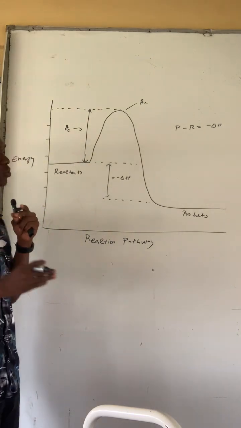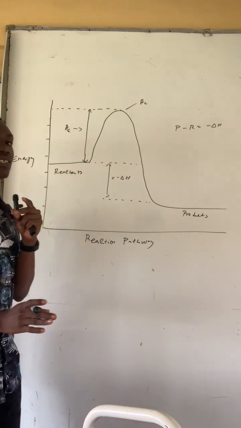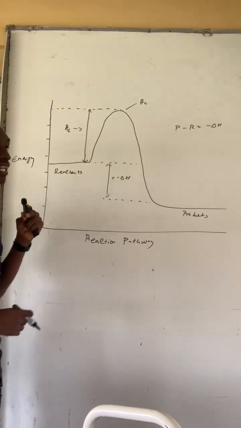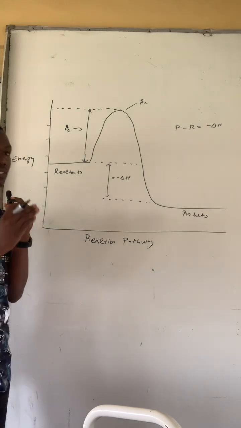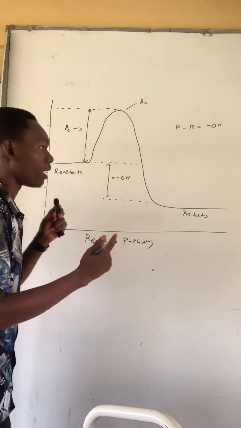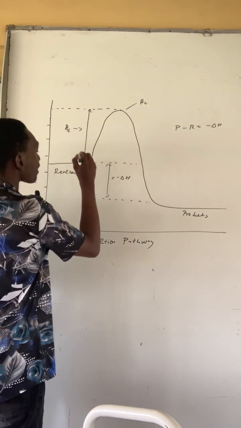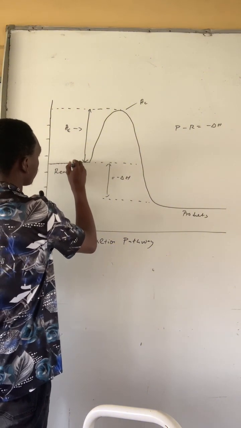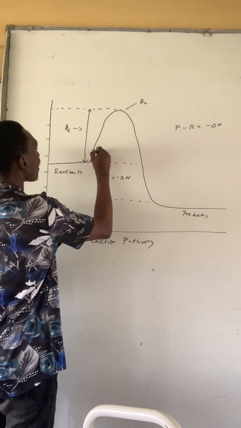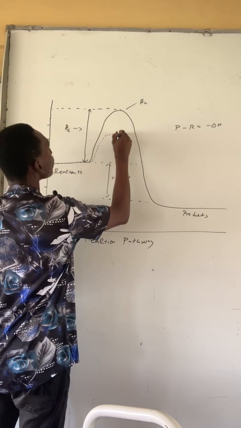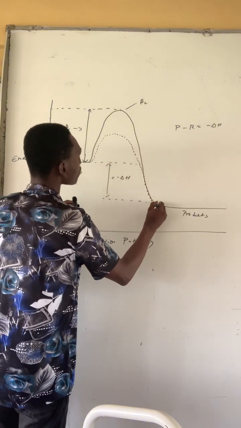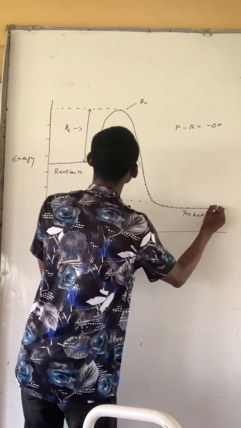When we now introduce a catalyst here, what will the catalyst do? The catalyst will alter the activation energy by slowing down the time. So the dotted line will show the pathway of the catalyst. When the catalyst is introduced, on the same energy level of the reactant, it moves, creating a shorter activation energy, but the product still remains the same.